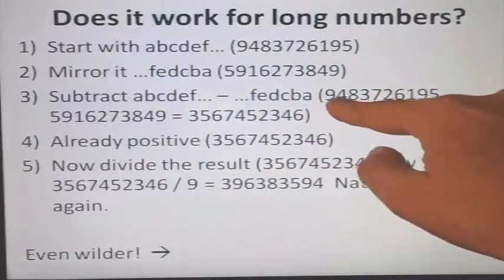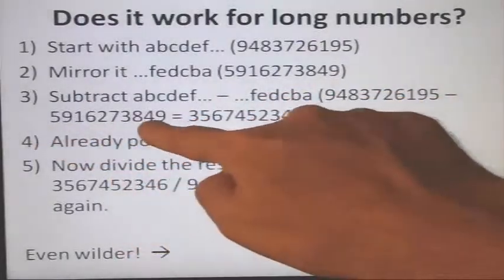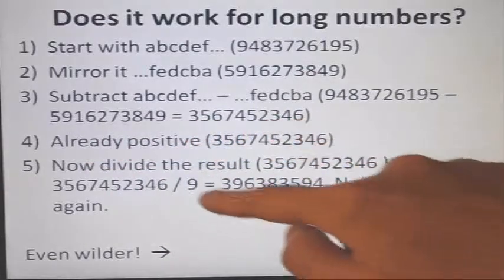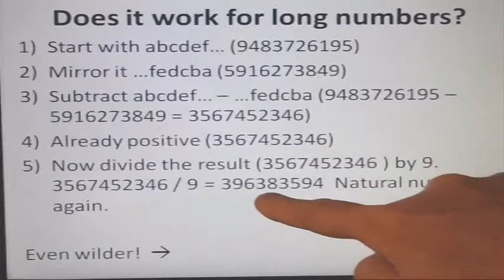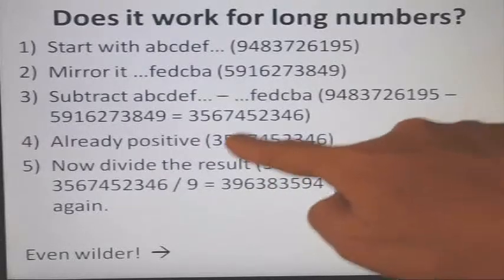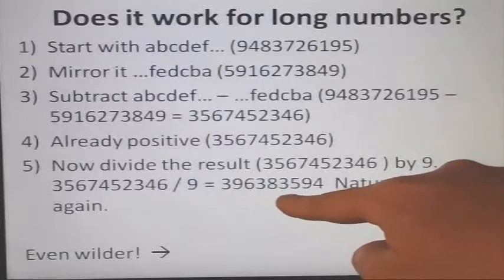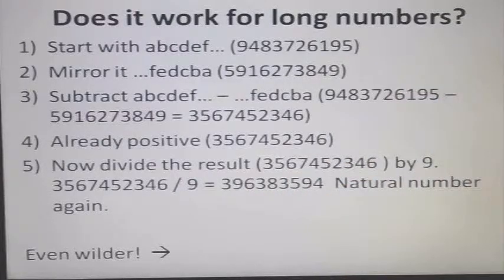Do the subtraction. We take our original number minus the mirrored number, and we end up with 35674523346. It's already positive, so we just divide this result by 9. And we get 396383594 exactly. You can check me with a calculator. And once again, we have a natural number.